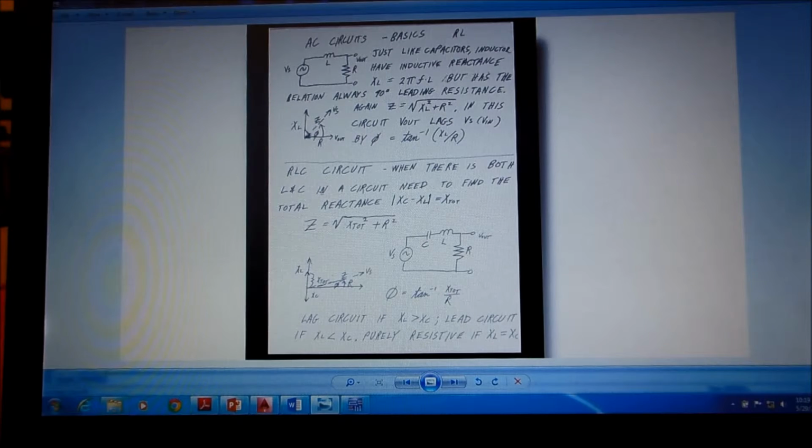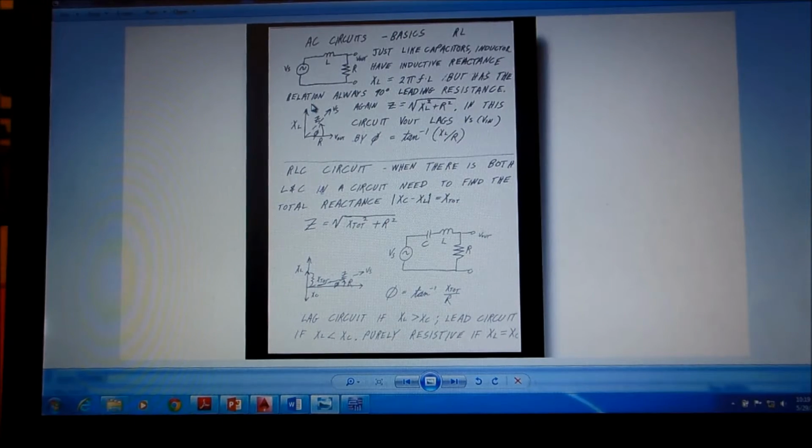Now when we make the vector thing, this V in, or the source voltage, is here, and V out is over here. So when we look at our vector rotation, again, we're standing, let's say, here, we'll see the input before the output. And that circuit is called a lagging circuit because the output lags behind the input.